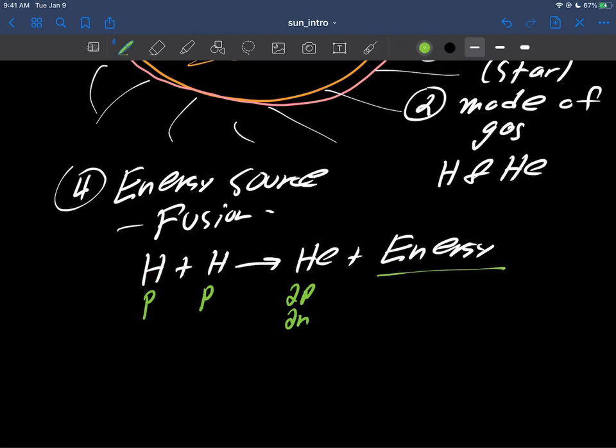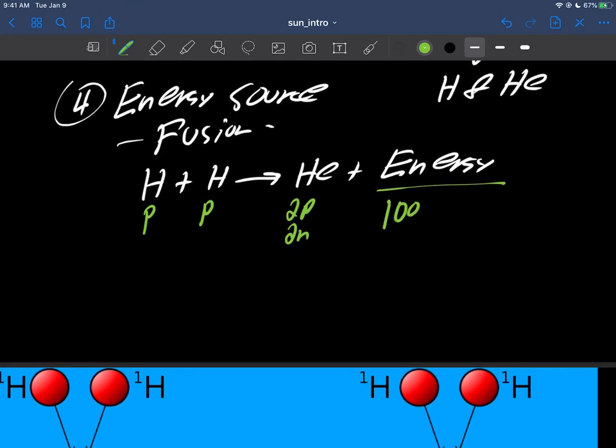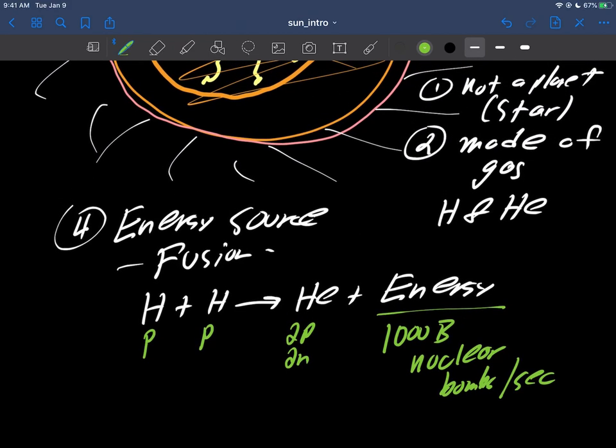Then lastly, the energy that comes out is something like 1,000 billion nuclear bombs per second or something like that. Just an enormous amount of energy comes out when the 2 hydrogen atoms come together and produce helium with a bunch of energy.